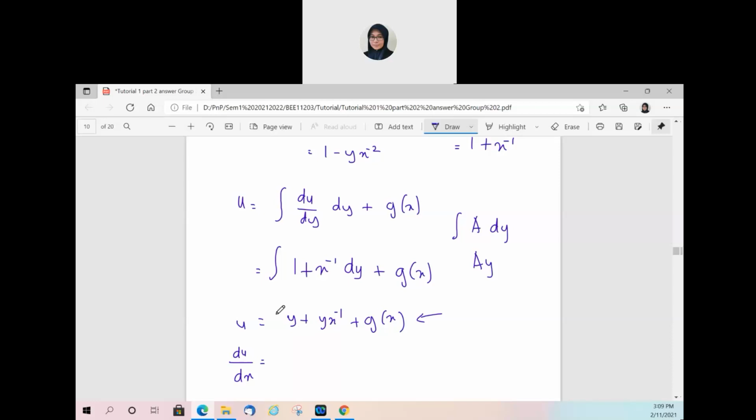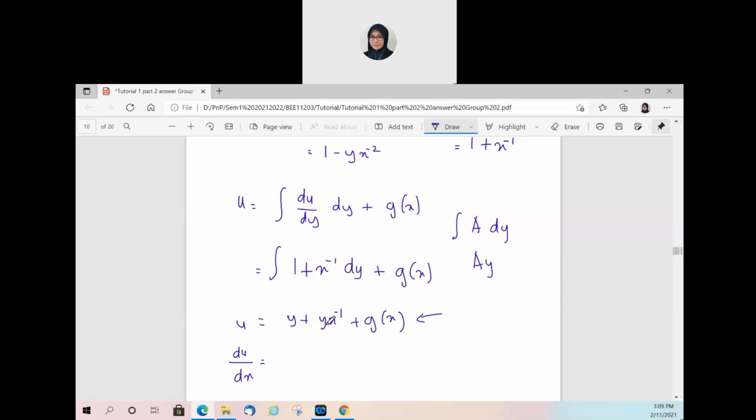Kosong. Do you see any x there? No, kosong. Then this one consider constant. You differentiate constants, you get 0. Right?